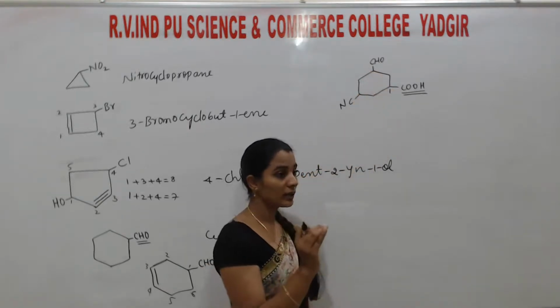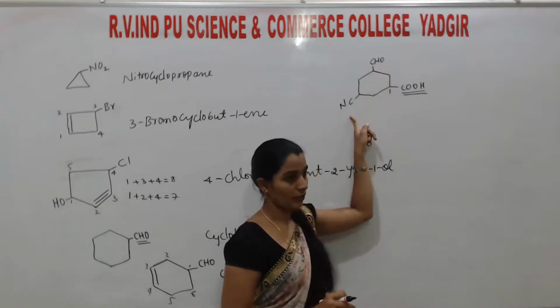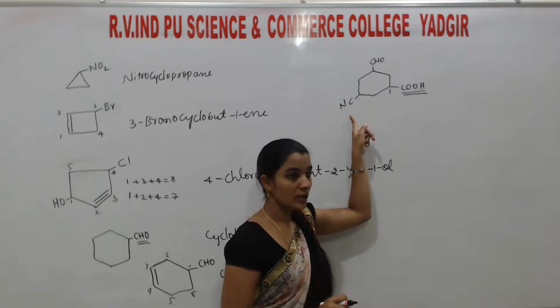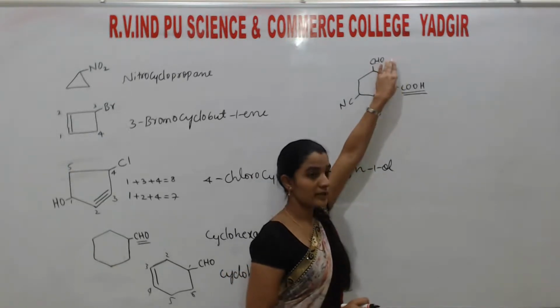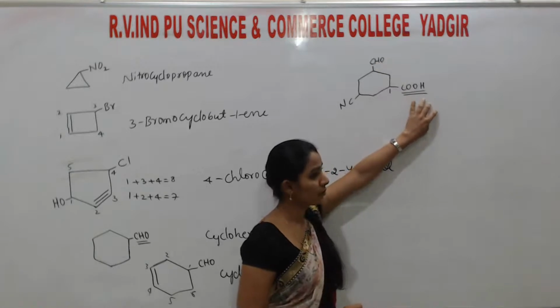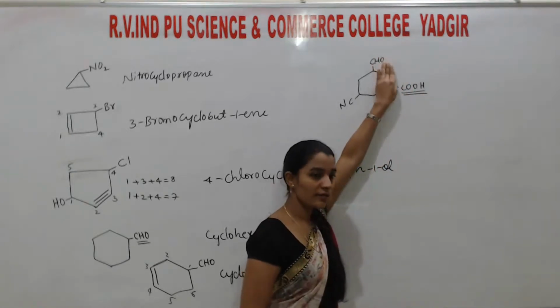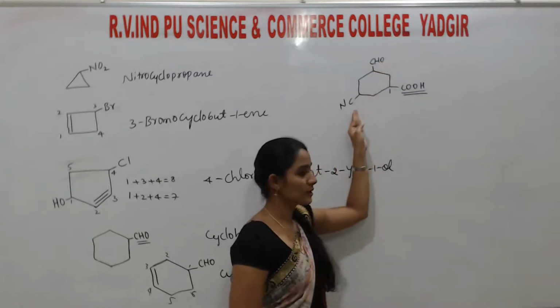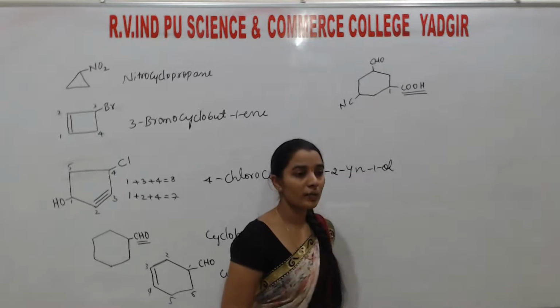If you consider another one, students, this is formyl, this is cyano. Which one comes first? C comes first in the alphabetical order. This is as a suffix, the main functional group. Of course, these are substituents. In these two, which one comes first in the alphabetical order?